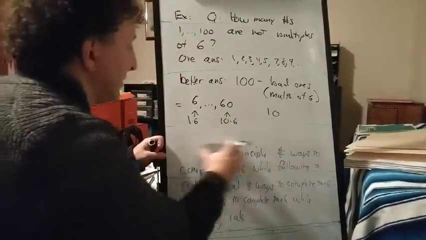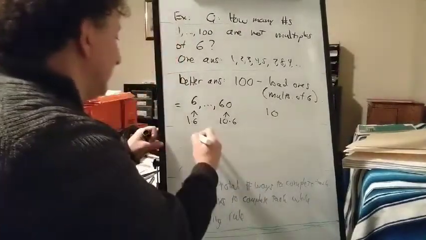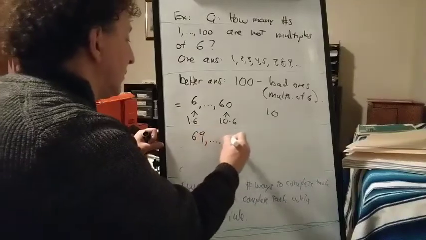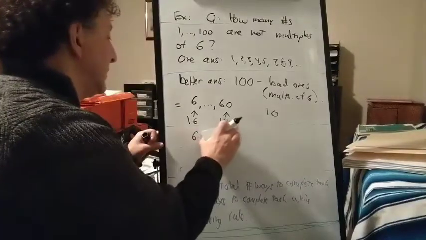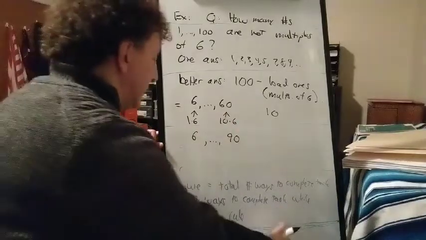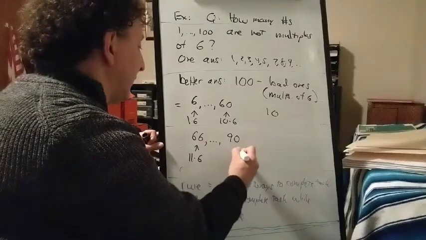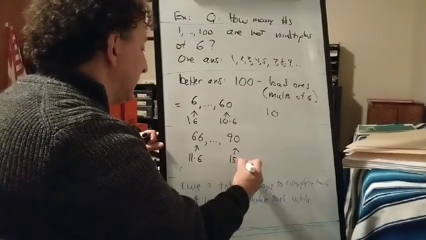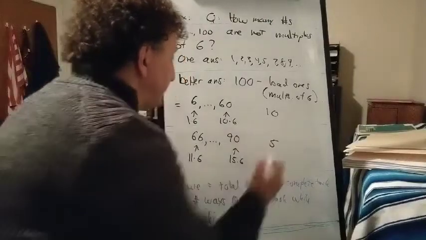And then we could go from 66 to 90. That should be easy too. That's 11 sixes, and that's 15 sixes. So 11, 12, 13, 14, 15, that's 5 more.